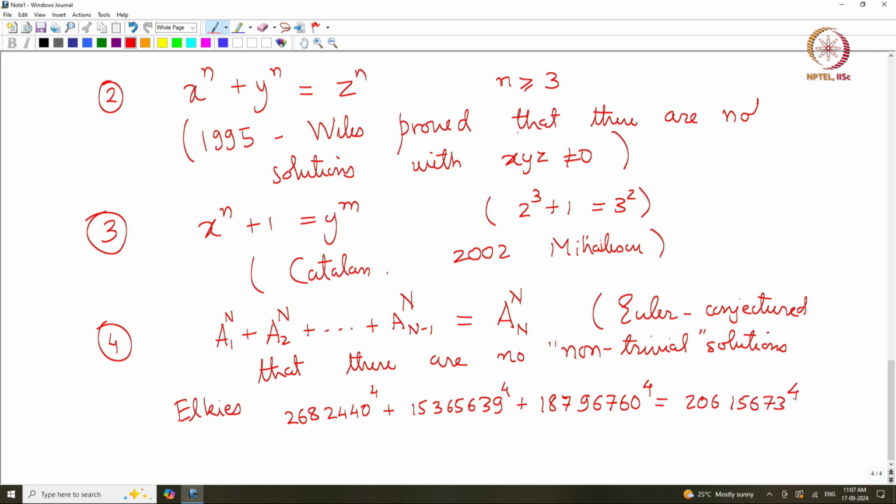So, you can check this on a computer that it works, but it is not easy to find this if you do not know this. Anyway, so he disproved Euler's conjecture.